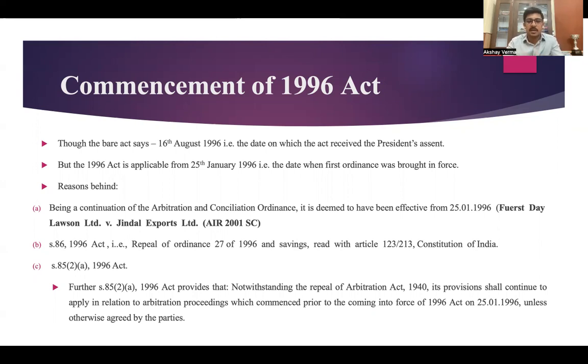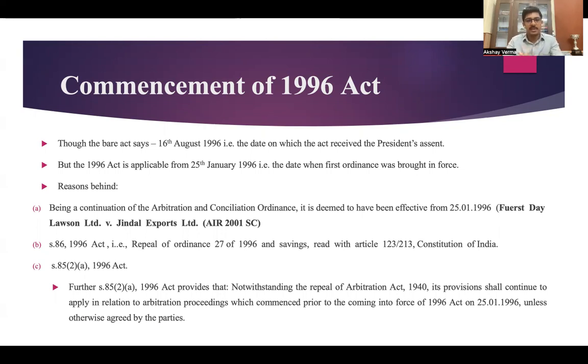Third reason है under section 85 subsection 2 clause (a), वहां पे ये बोला गया है that notwithstanding the repeal of Arbitration Act 1940, before the coming of this 1996 Act, हमारे पास था Arbitration Act 1940, which was only dealing with arbitration. अभी तो हमारे पास Conciliation भी है इसी के अंदर, लेकिन पहले सिर्फ Arbitration Act 1940 था.